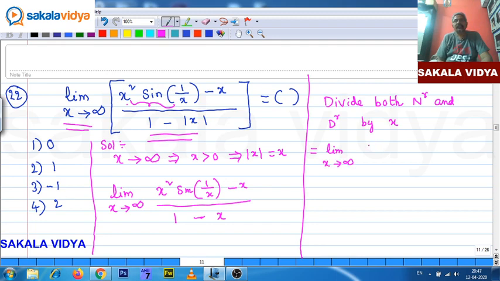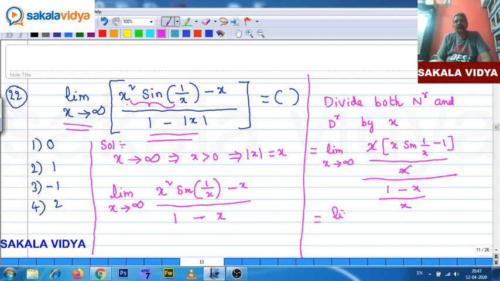Limit x tends to infinity, here x is common, we have (x sine of 1 by x minus 1) upon (1 by x minus 1). Now this x gets cancelled.